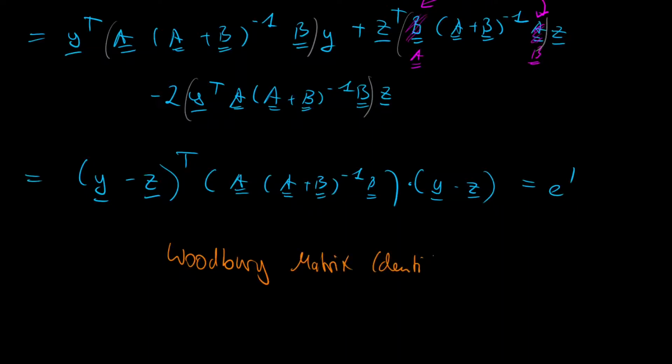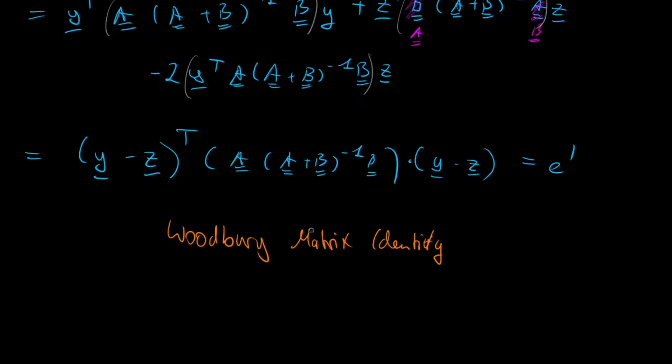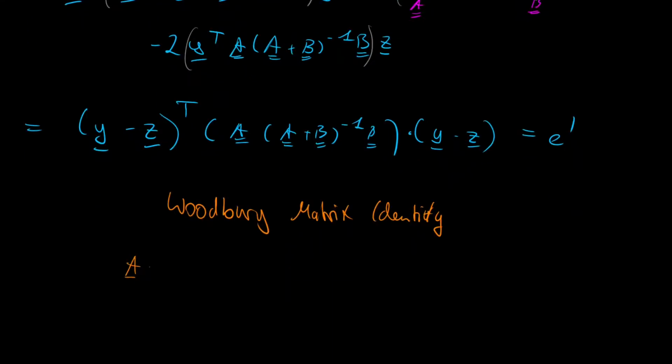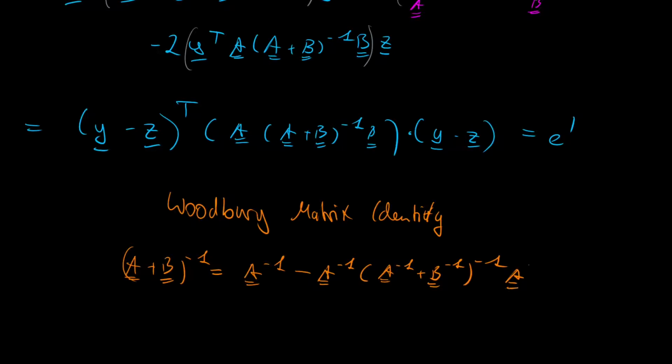If you haven't heard of this, that's not a big deal. We will just use it in this context here, and it allows us to find an expression for the summation of two matrices in brackets inverse. It is given more generally, but we will use a simplified version here: (A plus B) inverse will be given as A inverse minus A inverse times (A inverse plus B inverse) inverse times A inverse.